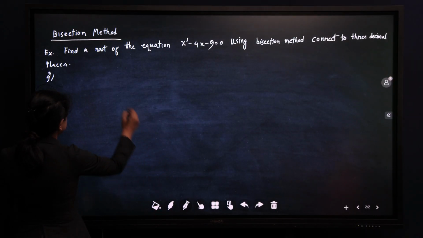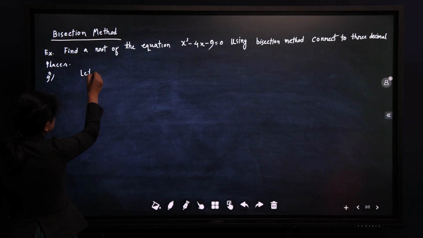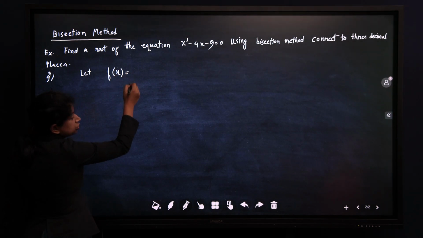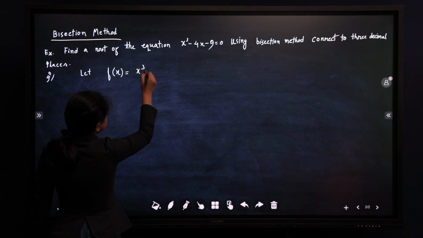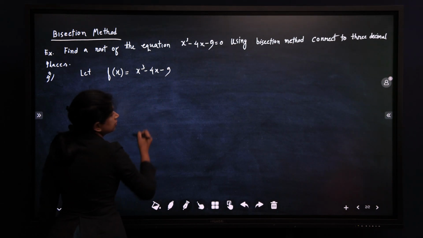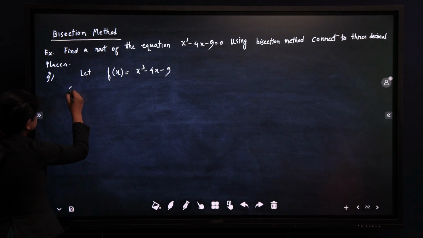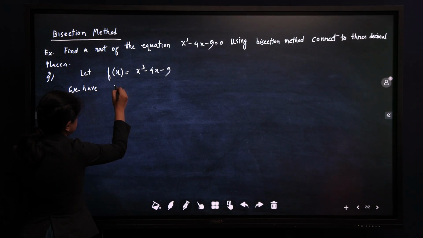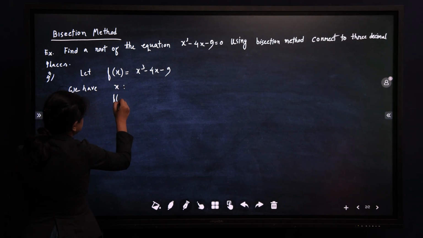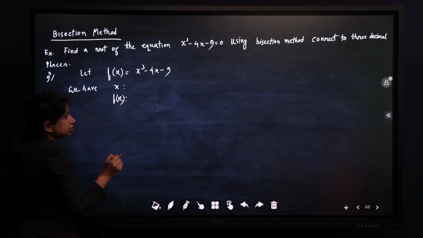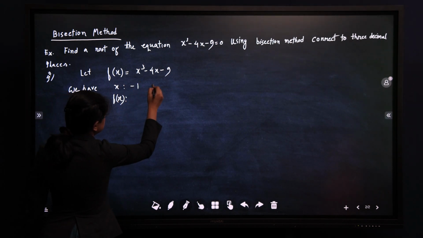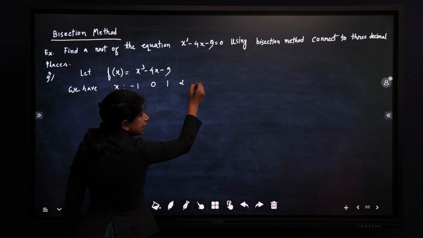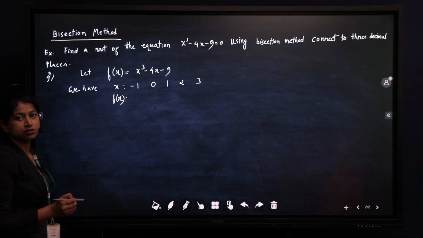Let the given equation be f(x) = x^3 - 4x - 9. Now prepare a table with x values and f(x) values. You can take the x values as -1, 0, 1, 2 and 3.